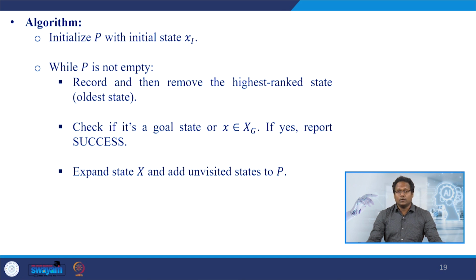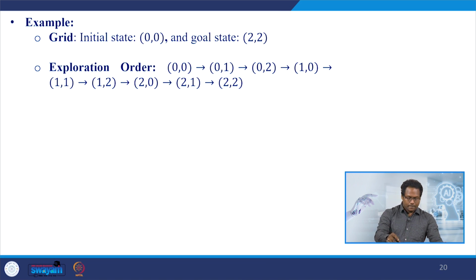Check if it is a goal state, or x belongs to the xg set, that is the xg goal set. If yes, report success and terminate. If not, expand state x and add unvisited states to P.